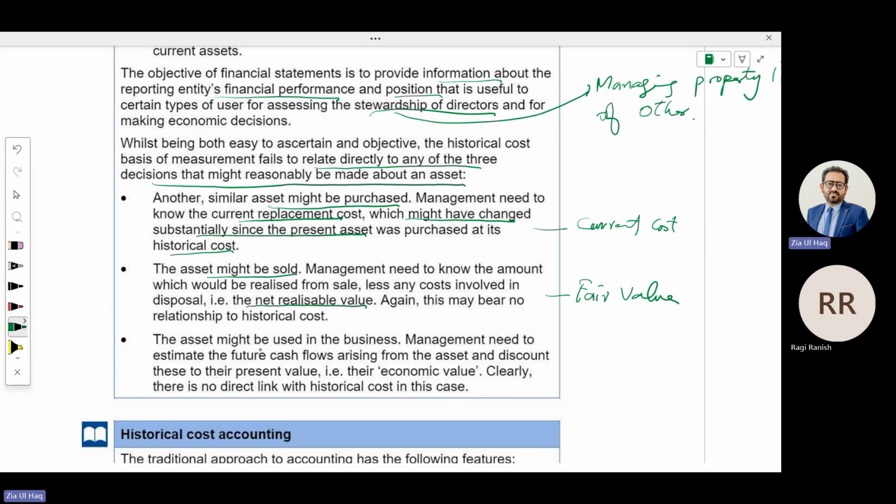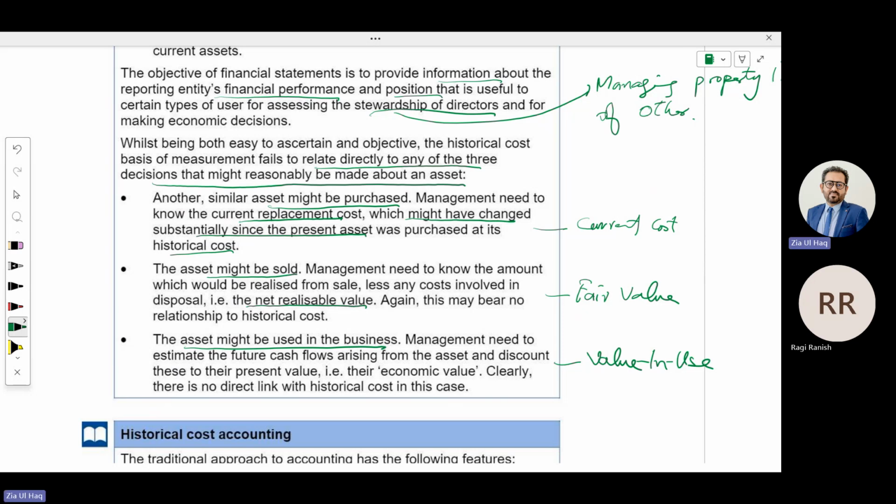And the asset might be used in the business. If we are using it, what benefit will it provide in future? For that, we need to use the value in use method. Meanwhile, why have the other three methods been introduced? To know replacement cost, we should use the current cost method.